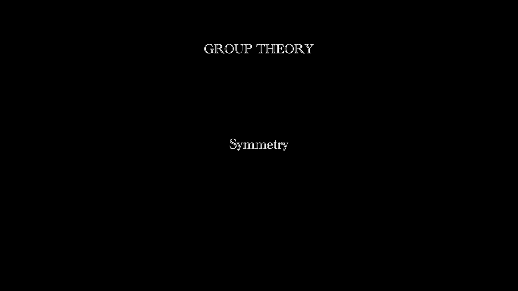Group theory, broadly speaking, is how we codify the idea of symmetry, or how we can move an object so that it stays the same. For example, consider a regular hexagon. We can rotate this object 60 degrees about its center and it will stay completely the same.